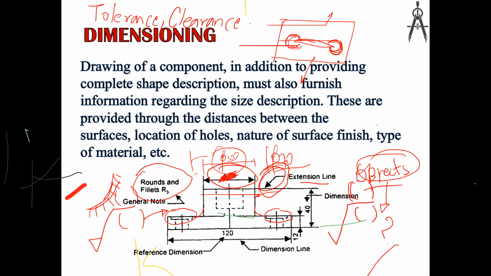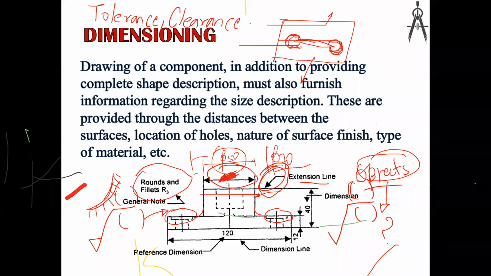When you are assembling parts, you need these tolerances and clearances, for the assembling of components. When you are fabricating something, the amount of tolerance and clearance will be given with your drawing. If there is a hole in your drawing, then the clearance and tolerance will be given.